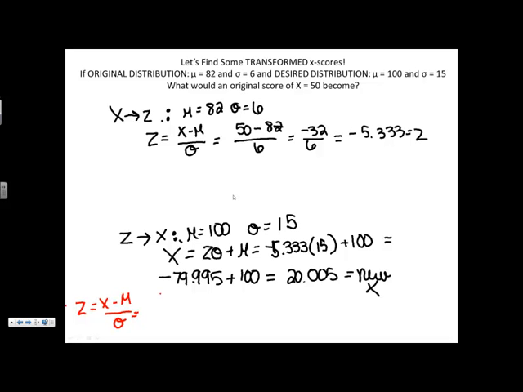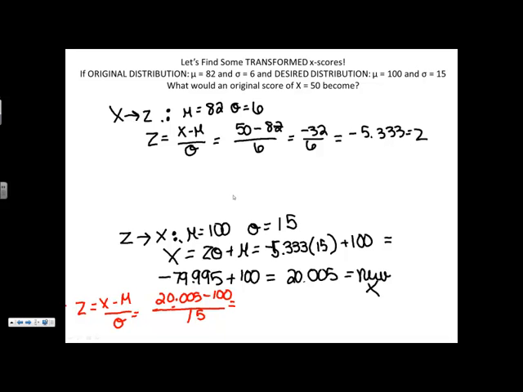So this is equal to 20.005 minus 100 divided by 15.